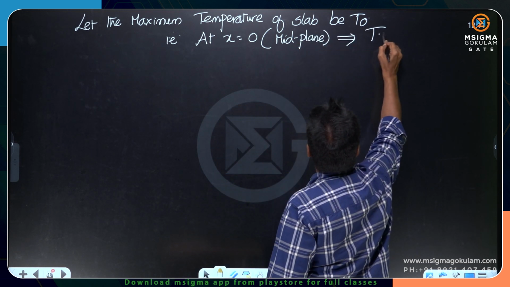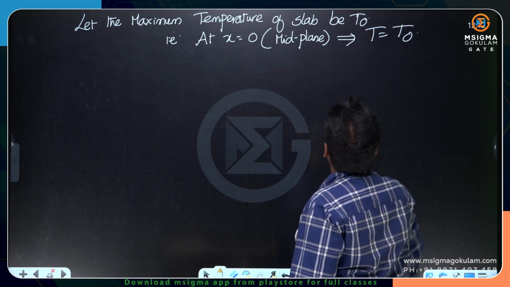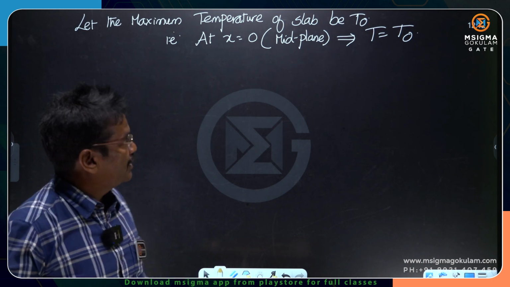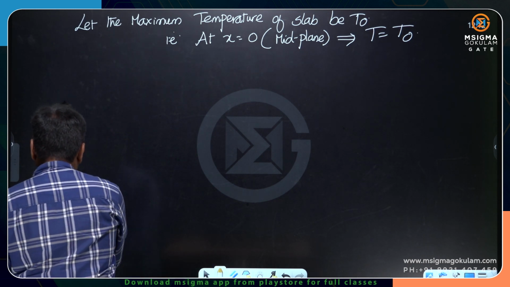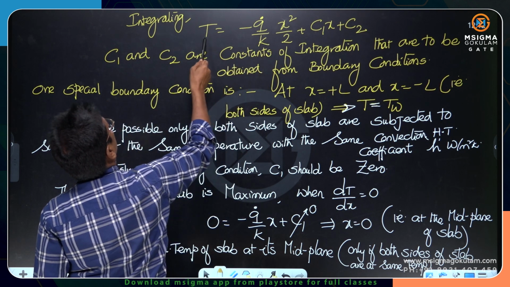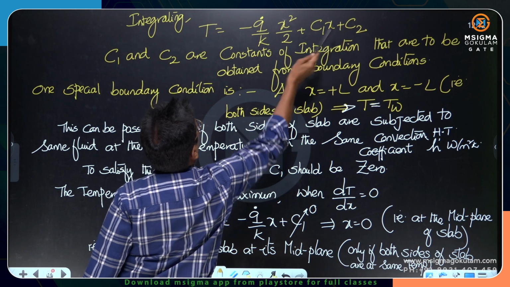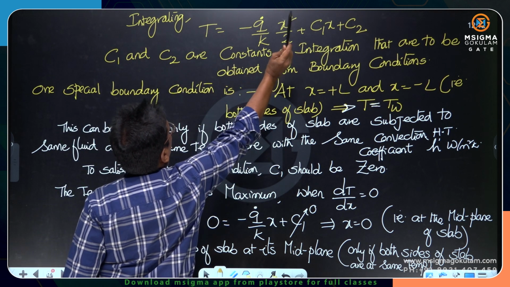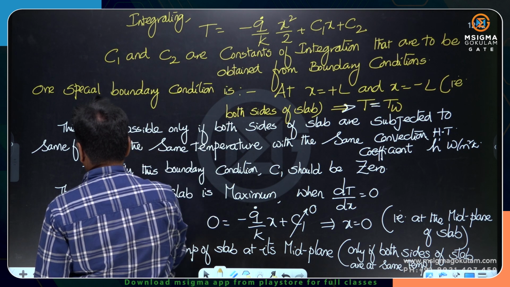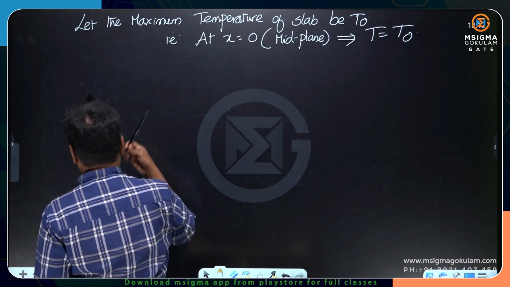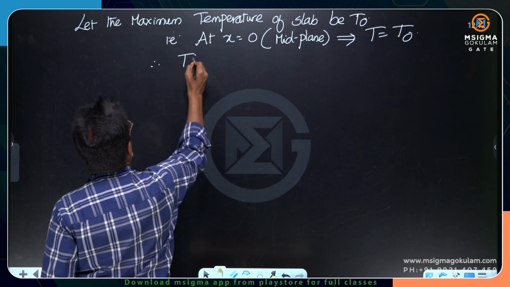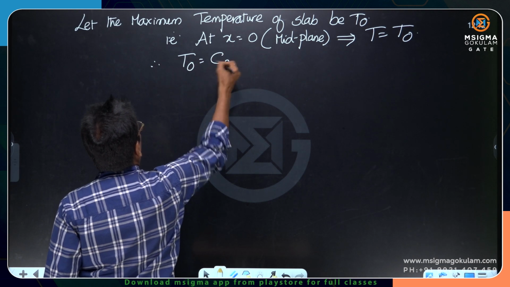So T is equal to T naught. I am denoting that maximum temperature of the slab with T naught. Now, if you substitute that boundary condition here, when x is equal to 0, T is equal to T naught, what will the C2 value become? T naught, because C1 has already become 0. At x equal to 0, we get the maximum temperature T naught, so T naught will become C2.